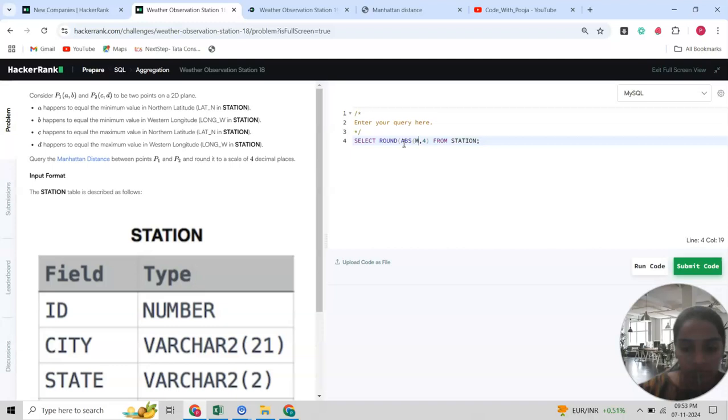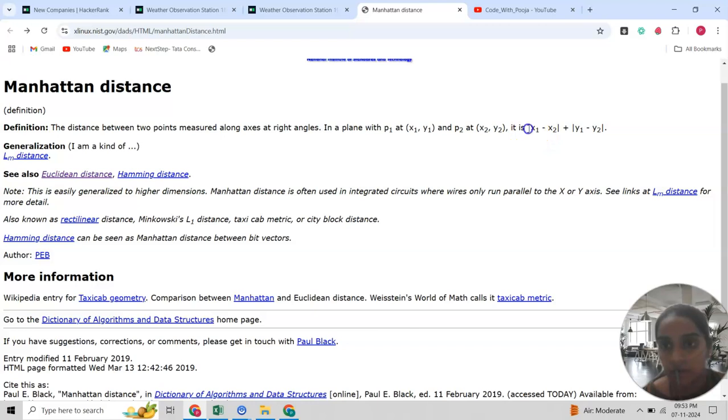Now, max of what? Max of A. What is A containing? A contains latitude. Then minus min of latitude. So ABS of max of latitude minus min of latitude. This is half of what we have to write.